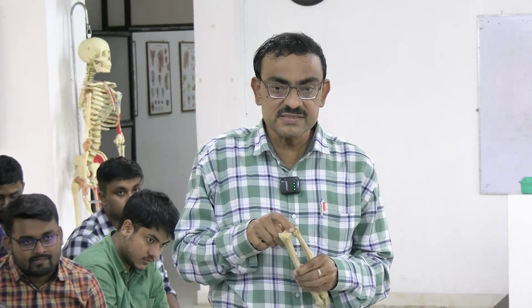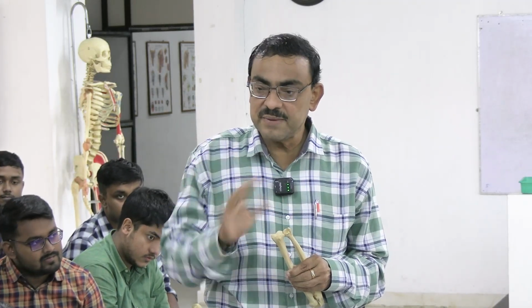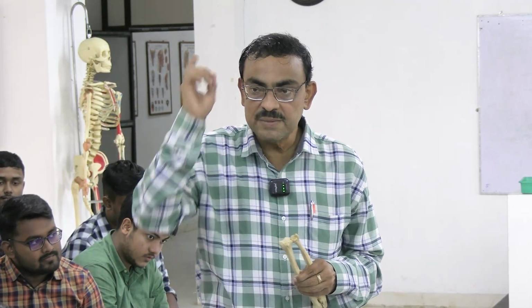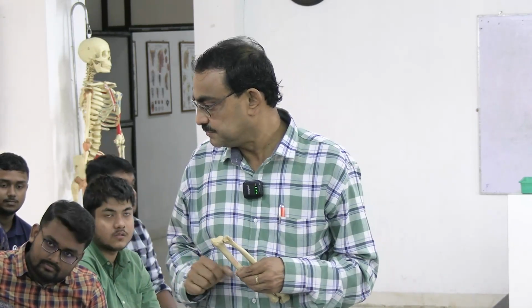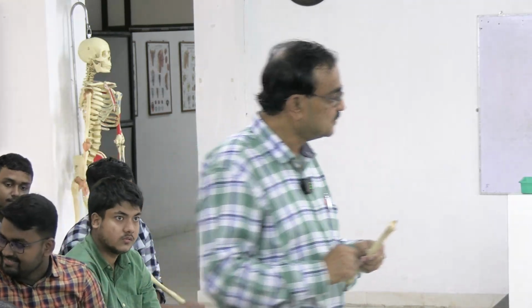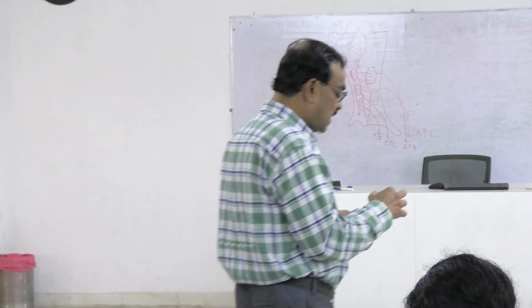So remember, this ulna is not taking part in wrist joint formation, which is prevented by the articular disc.